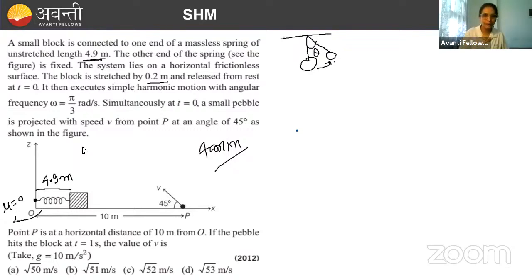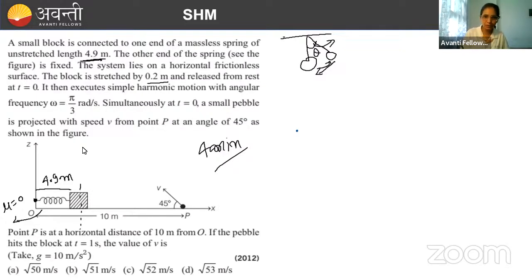What will happen? If I release it, it will perform SHM of angular amplitude theta. So the amplitude gets decided by to what distance we have taken it from its equilibrium position. So initially, unstressed spring means it is in equilibrium, no force is acting, there is no compression or extension, there is no tension in the spring.